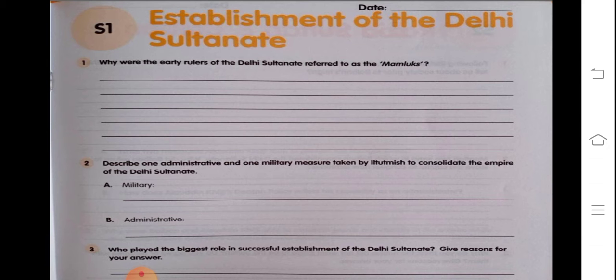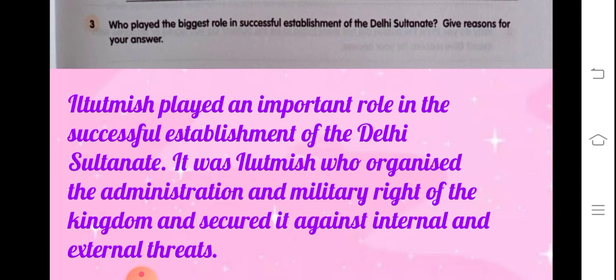Let's discuss the third HOTS question. Who played the biggest role in the successful establishment of the Delhi Sultanate? Give reasons for your answer. So the sample answer is here, and your answers may vary.